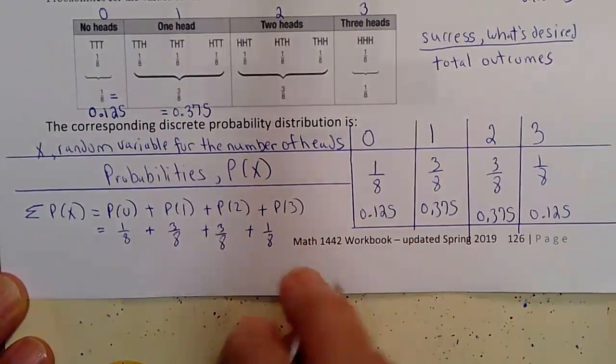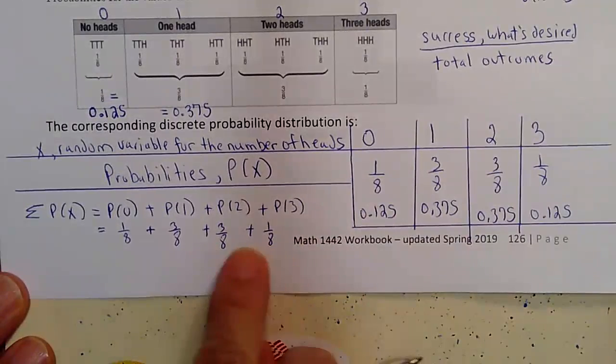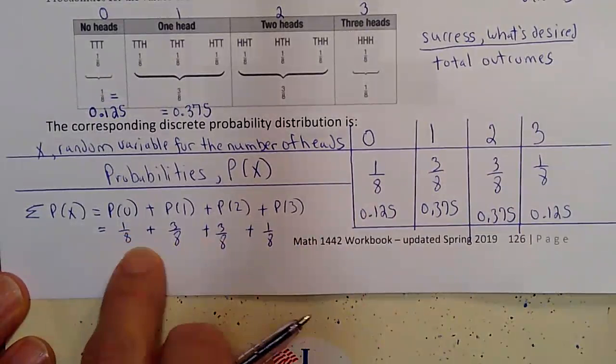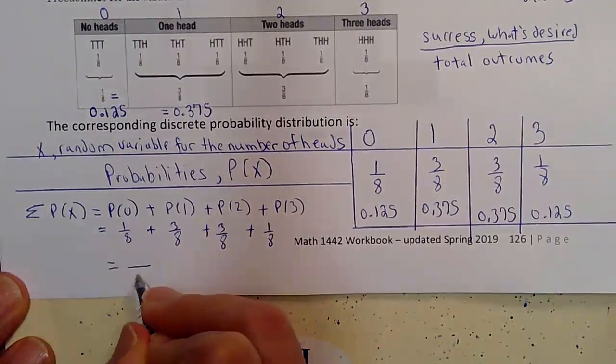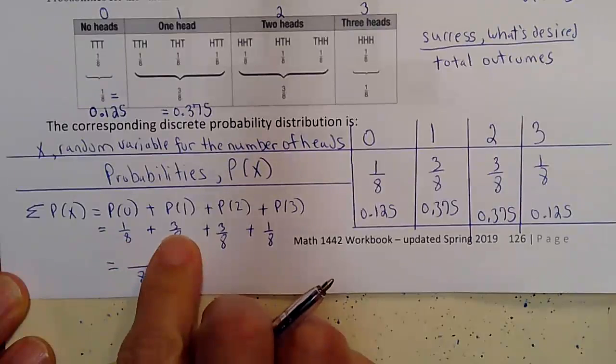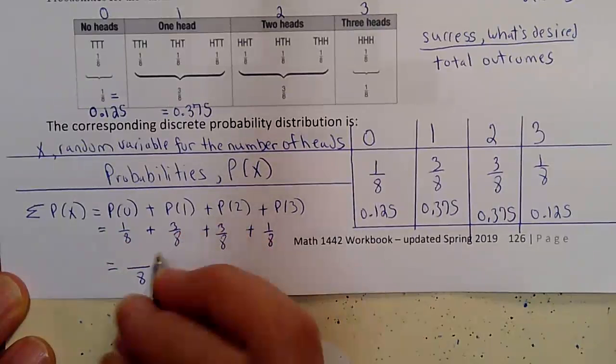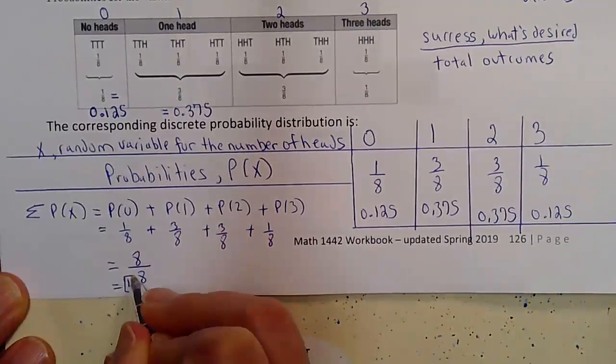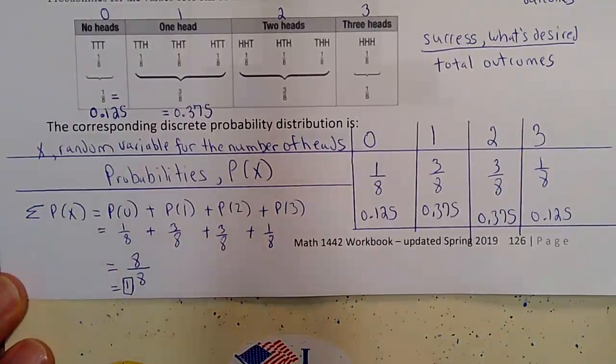So when you add fractions, you have to have a common denominator. Otherwise, you have to find it and build it up. So if I add all the numerators and keep it all over 8, that's 4, 5, 6, 7, 8. Yeah, and then 8 over 8 is 1. So that meets the first requirement.